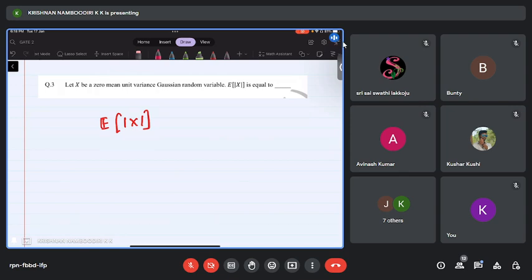Before getting into the solution, let us see some preliminaries, or some tools that are required to solve this. First of all, what is a Gaussian random variable? How do we represent a random variable? If it's a continuous random variable, just like a Gaussian random variable, we will have either a PDF, probability density function, or a CDF, cumulative distribution function.